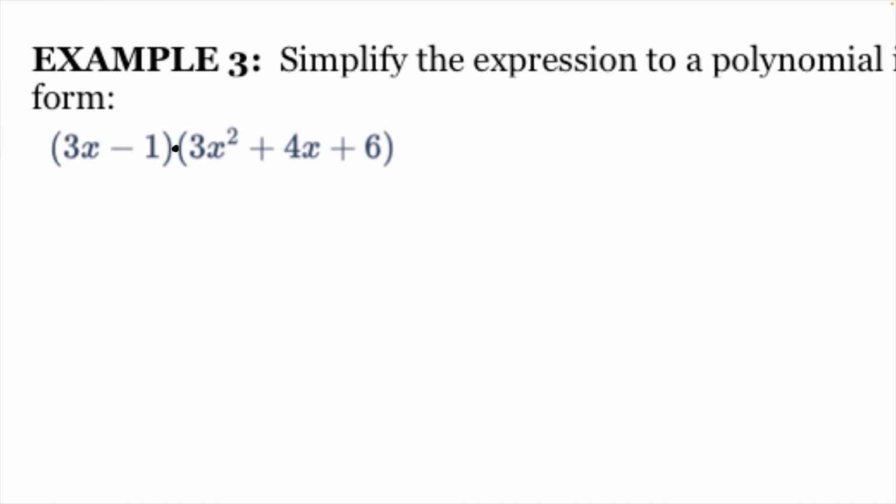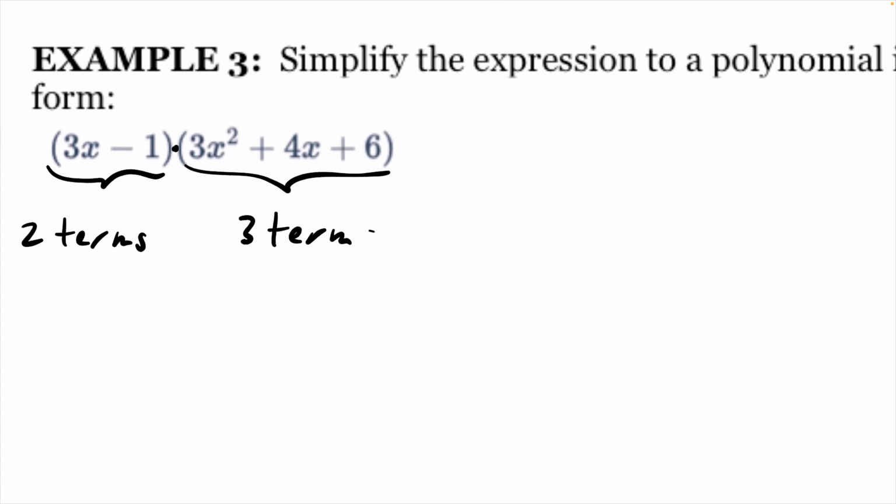You're going to build what we call a box, a multiplication box. Okay? So this guy has 2 terms and 3 terms, right? This guy has 2 terms and 3 terms.